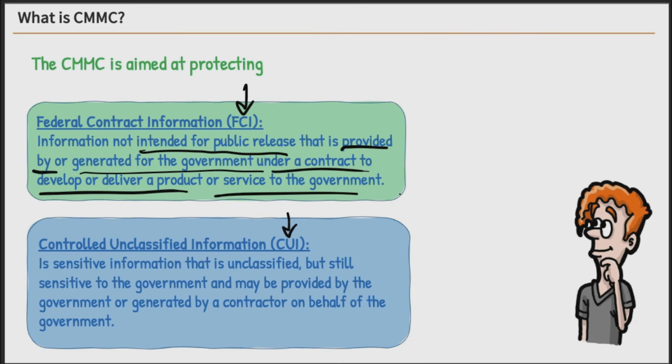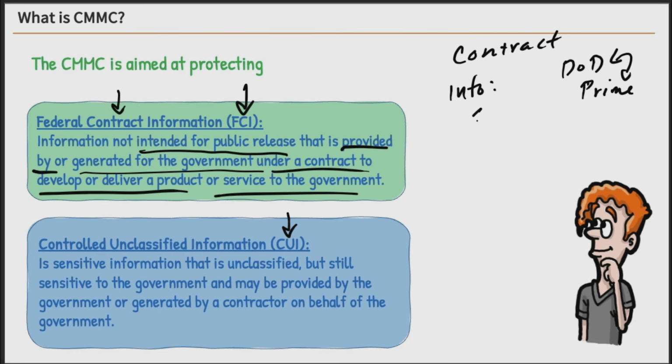This is contract information. So we're talking about the contract between the DoD and the prime, which is the primary contractor, and it's going to have some information in it. Within that contract, of course, there is lots of information, and some of that is sensitive information.